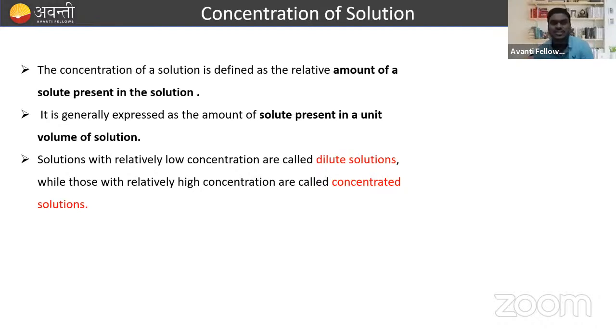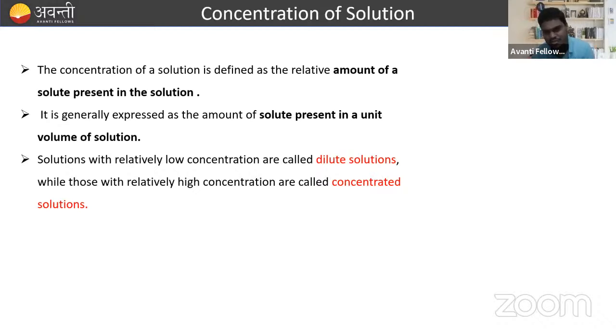Okay. Now the next one is, solutions with relatively low concentration are called dilute solutions, while those with relatively high concentration are called concentrated solutions. Right? You all know this, I guess.